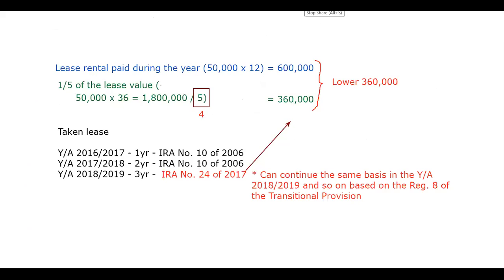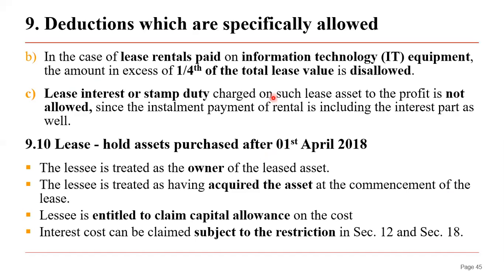Right? Then in the IT equipment, the excess of 1/4 of the total lease value is disallowed. Then the lease interest or stamp duty charge on such lease asset to the profit is not allowed.